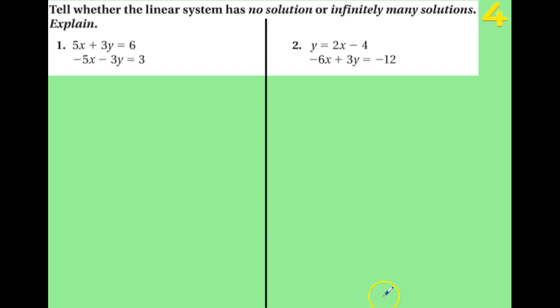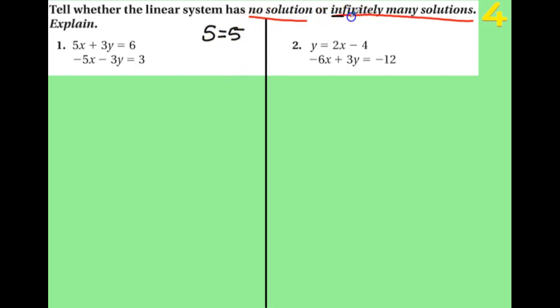Next, we're going to do the same thing, but we're going to do it by using elimination or substitution. We've learned both of those methods already, so it should be a review. So these ones have either no solution or infinitely many solutions. If we get an equation like 5 equals 5, well, 5 is always going to equal 5 no matter what.